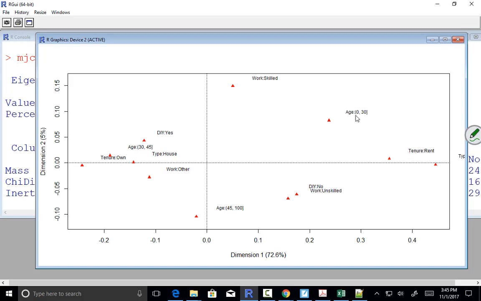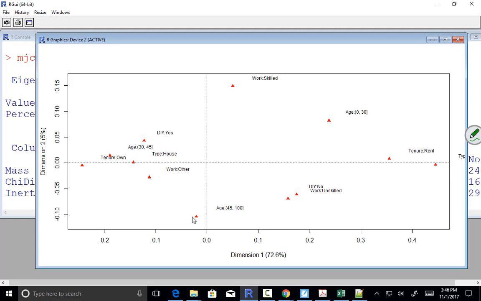To a lesser extent, younger people who are not do-it-yourselfers and who are unskilled, which probably in this case is lots of students. Work skilled and age 45 to 100 are close to the center or the origin, which suggests that those don't particularly associate with the other levels of the variables.